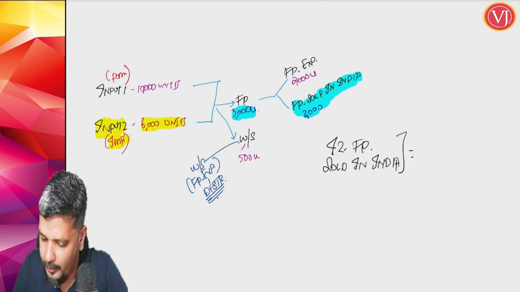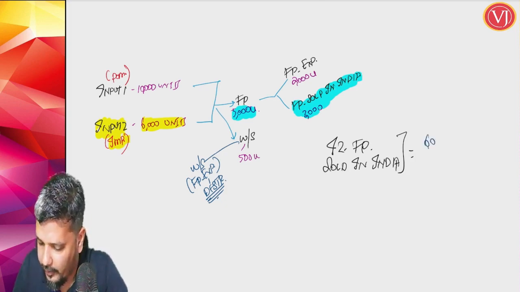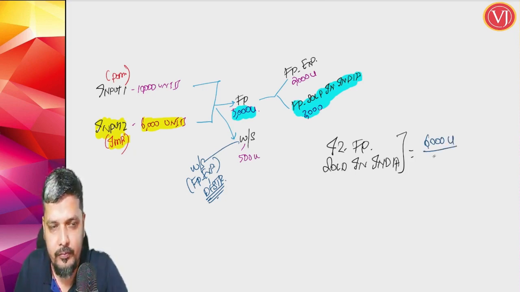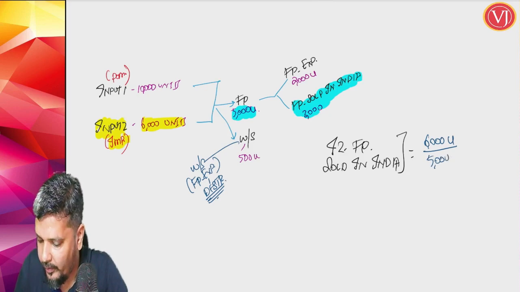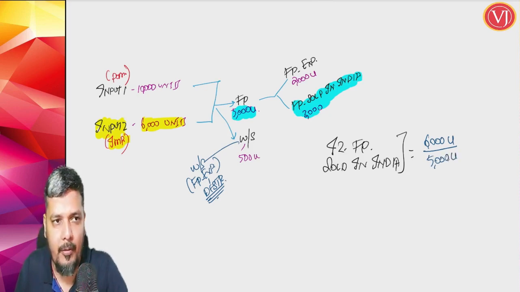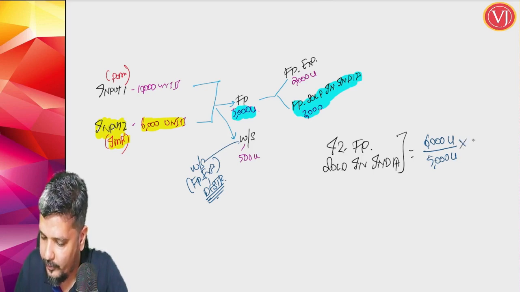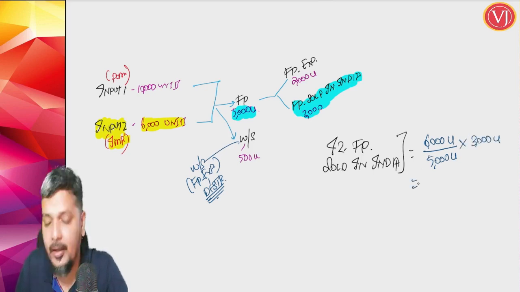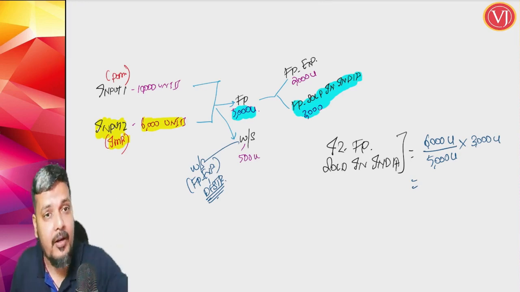So total input 2 quantity is 6,000 units, and out of which 5,000 units of final product is exported, and how much is sold in India? 3,000. So how much is the input quantity contained in final product which is sold in India?